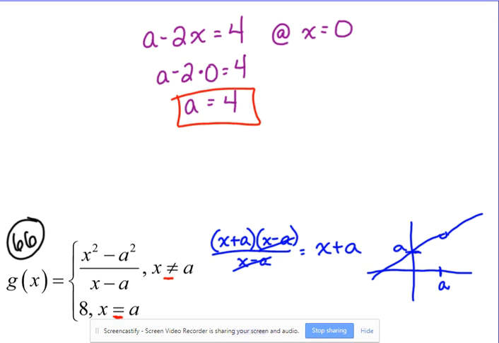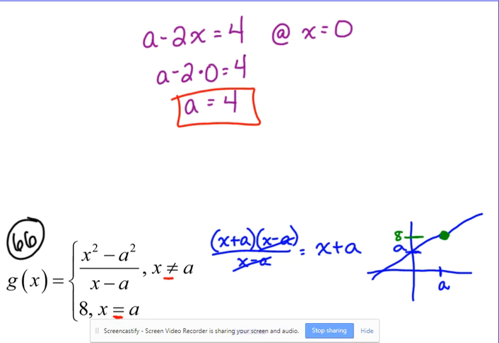But this is supposed to be continuous. So this other part says that when x equals a, the y value is 8. So it's supposed to plug that hole. The y value is 8 when x equals a.